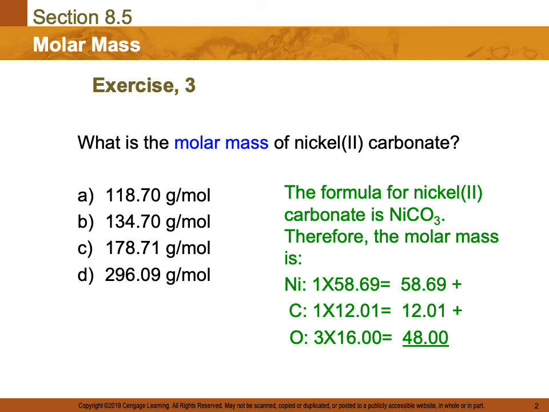So you take the mass times the subscript, because you need to account for the mass of all the atoms in the compound. And when we add these 3 together, we get a molar mass for the compound of 118.70 grams per mole. So the answer to this problem is letter A.